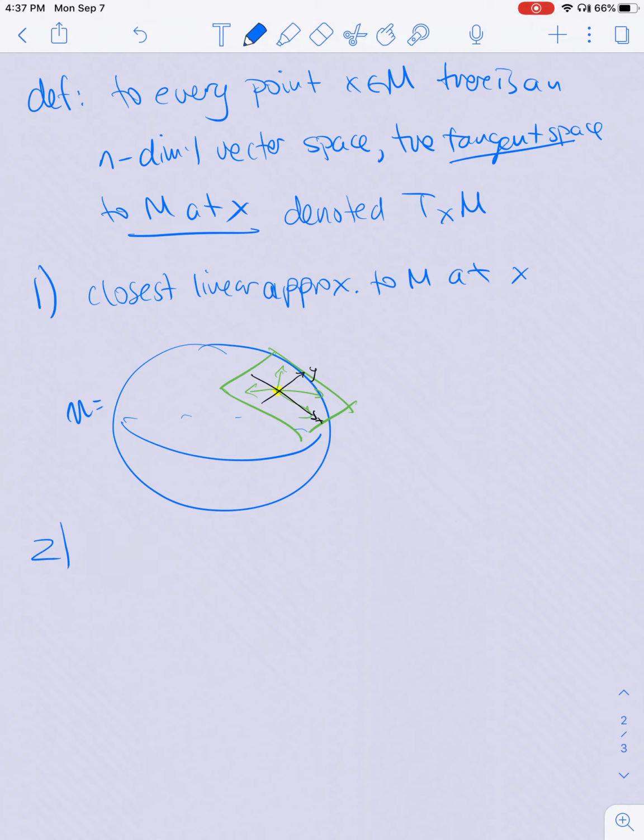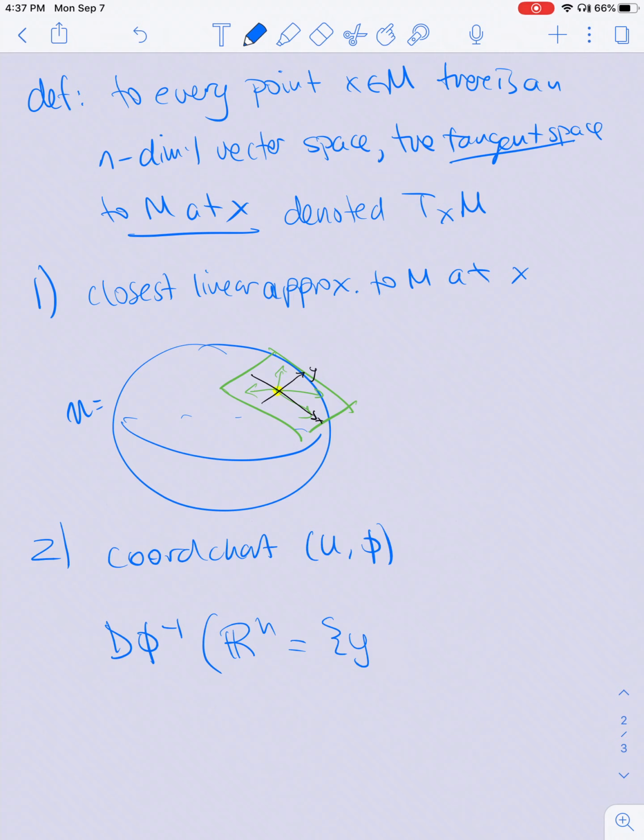So I have a coordinate chart phi on U, and then I should just take d phi inverse of the Rn, which is the space y_{n+1} = ... = y_k = 0, intersect with V, remember from my definition of manifold in the previous video. So I just take d phi inverse of this linear subspace, and it will give me some linear subspace in Rk.